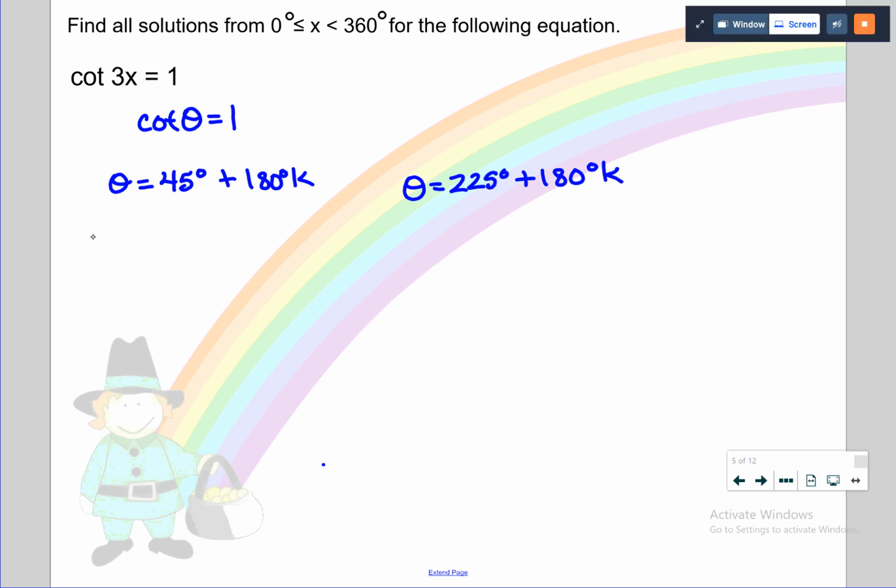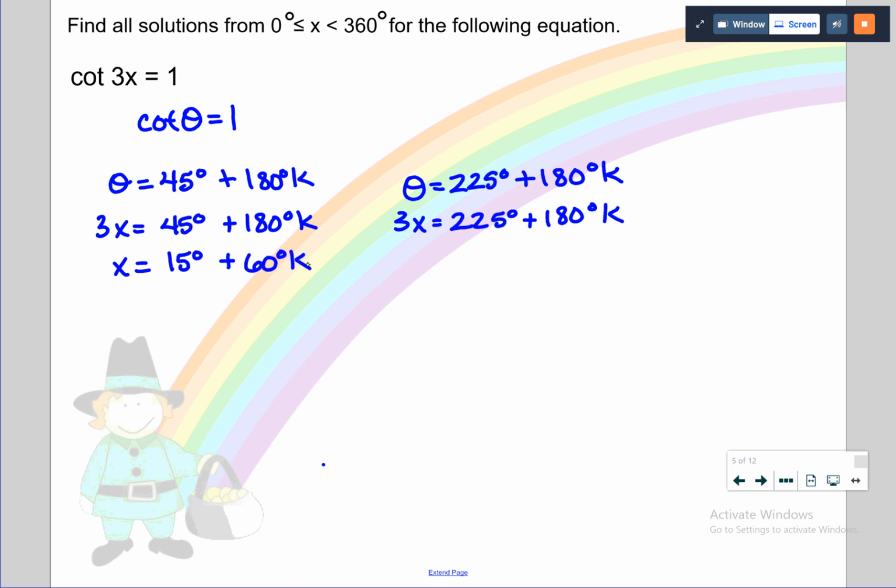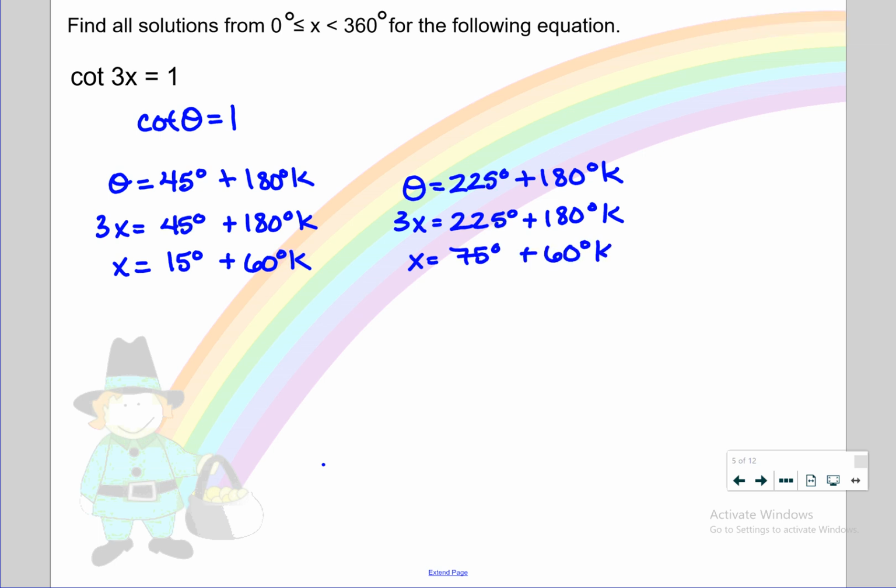Okay, and then replace the theta with the 3x. 3x equals 45 plus 180k. 3x equals 225 plus 180k. And then multiply by a third or divide by 3, however you want to think about it. We're going to get x equals 15 plus 60k. And this guy's going to be 75 plus 60k.